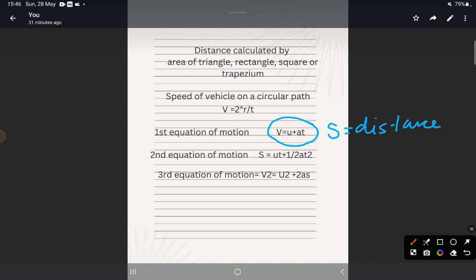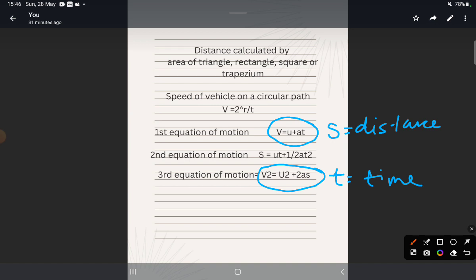For the next type, if in the question time is missing, time is not there in the variables, use this one.